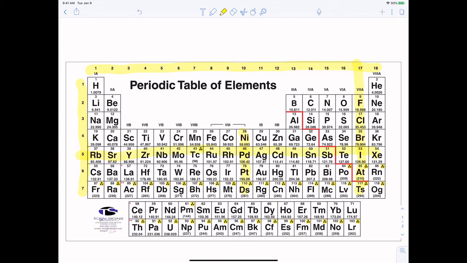The other numbering system for my groups, I just call it the AB method because I don't know what else it's called. It doesn't have a name, it's just an older method. Notice how it's giving a Roman numeral, though it doesn't have to be a Roman numeral, you could use regular numbers. But it's got an A after those. So 1A, 2A, and then over here, 3A, 4A, 5A, 6A, 7A, and then 8A.